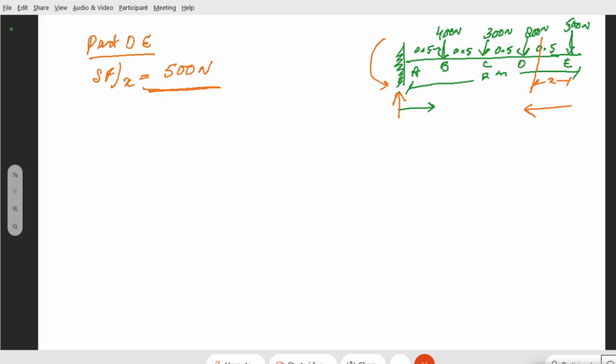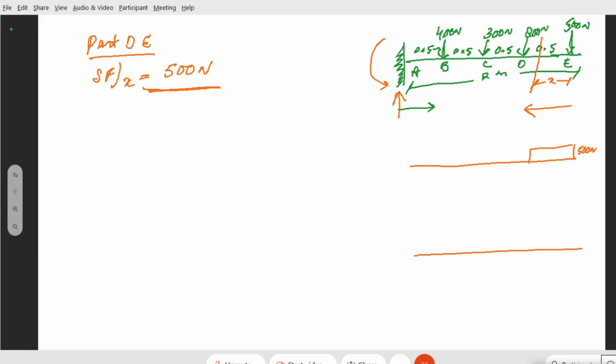When I have to calculate the shear force diagram, let's make both of them at the same time. Here, the shear force at this very point is positive 500. Go into the positive direction and make a 500.